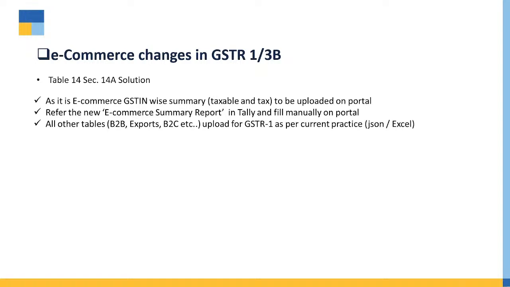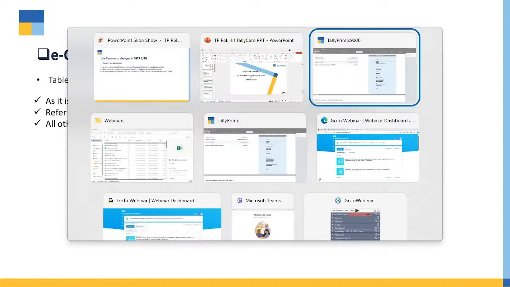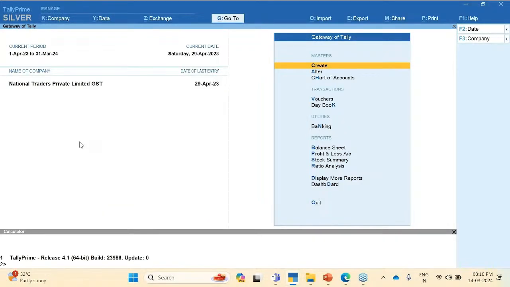So I'll just take you to the product, Tally Prime Release 4.1. So here is the company, National Traders Private Limited, who are under GST and selling their goods and services online with the help of e-commerce operators. And how is Tally Prime Release 4.1 giving them the summary of all those net transactions that are accounted for the period, and how will they be able to update?